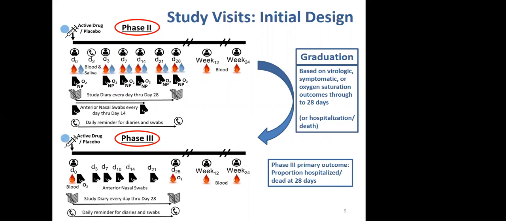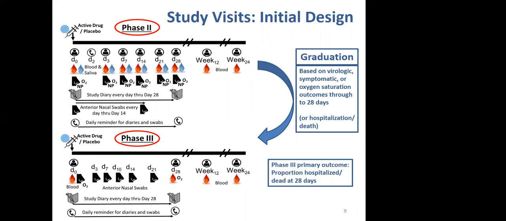So this is a very busy slide, but it tries to give you just a quick flavor of the initial design of the study. The initial regimens that came into the study were either infused or injected. So they're typically a single infusion or a single injection, or maybe 2 infusions or 2 injections very close together, an hour apart or something like that.